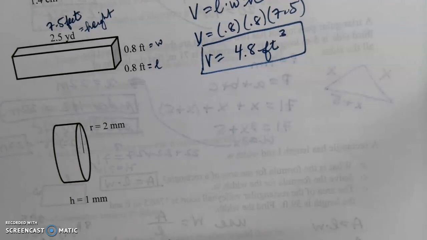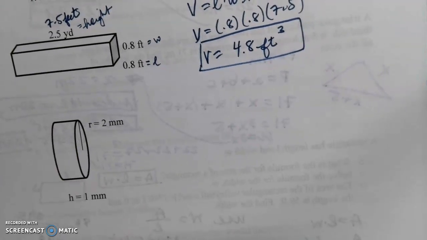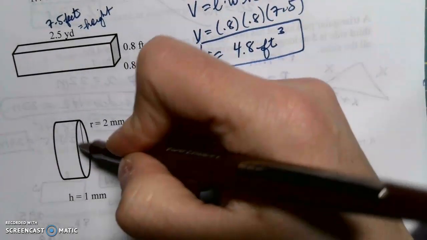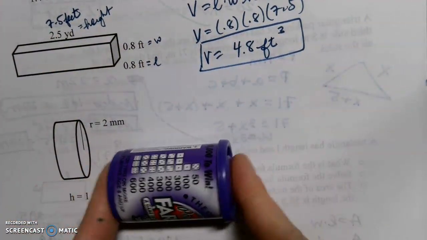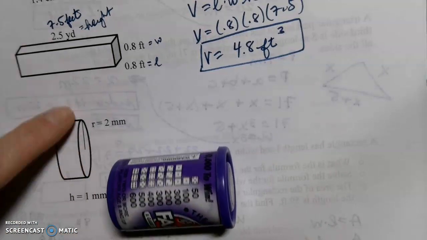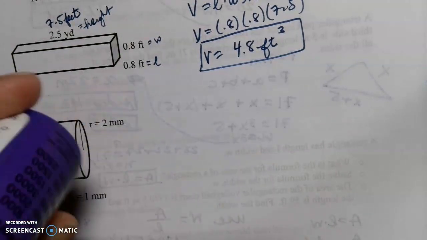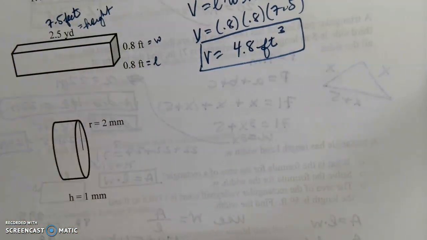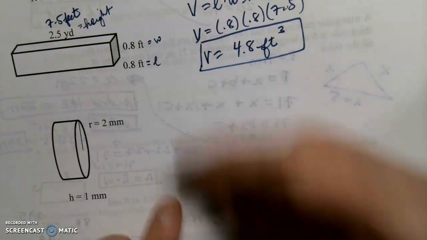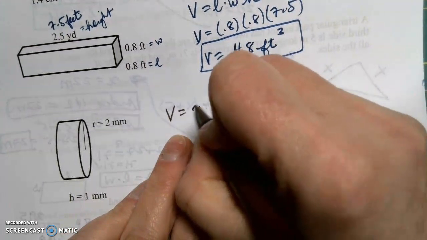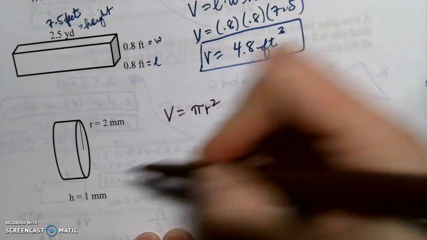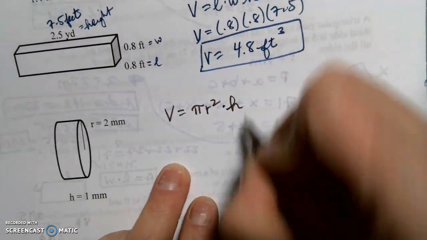All right, and then a cylinder, and then we will call this good. So here's our cylinder. It's on the side now. So our 2 circular bases are on these edges, and then we have the around. So we still want to figure out how much does it take to fill this up. So we look at that volume formula, which is going to be pi r squared, that base, times the height.